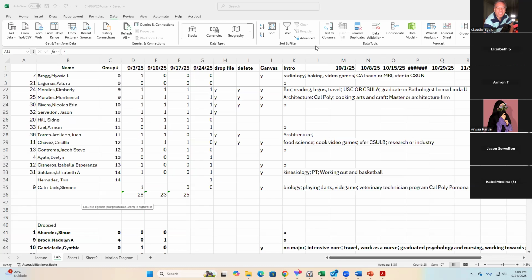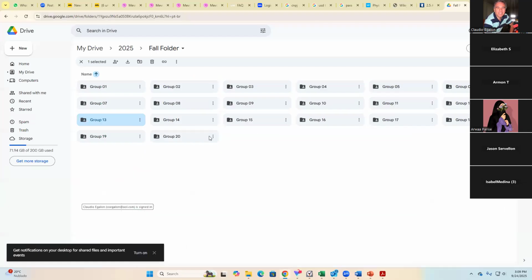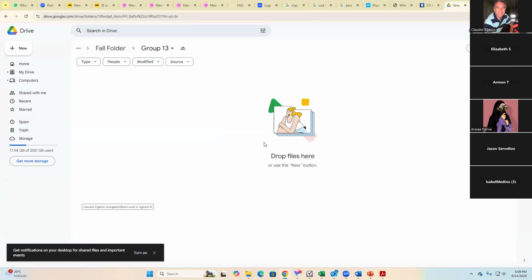When you access that link, make sure you see this window, okay? When you click this link, you're supposed to see this window with group 13 here at the top, okay? And I will also provide you with some documents to work on today.